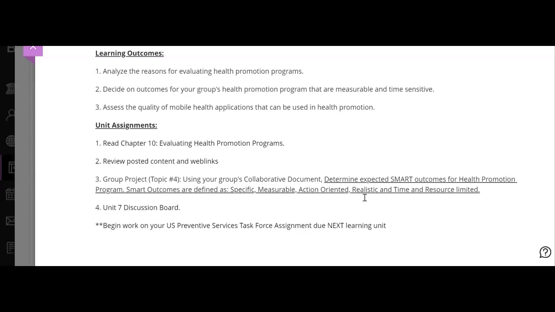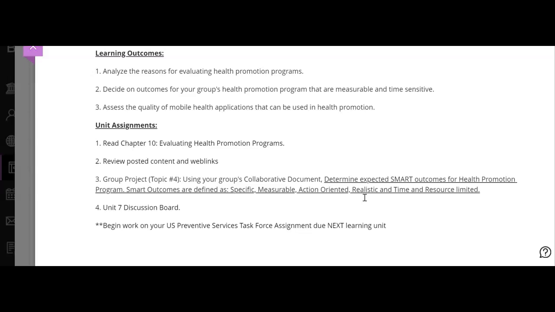And one of the key readings this week in chapter 10, on page 235, talks about categories of nursing sensitive outcomes. If you look at that, it talks about behavioral outcomes, either actions or activities that were completed.